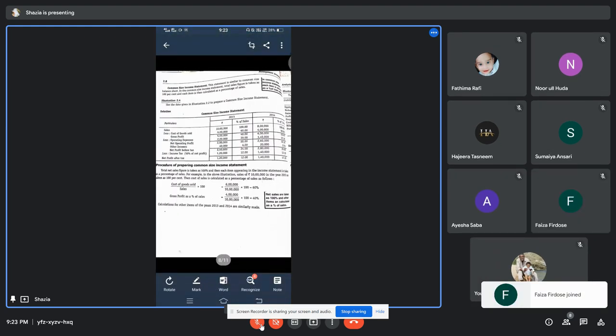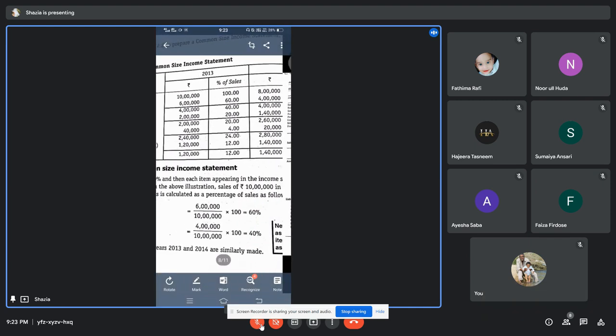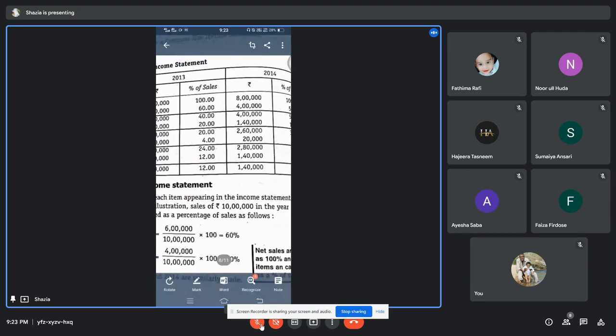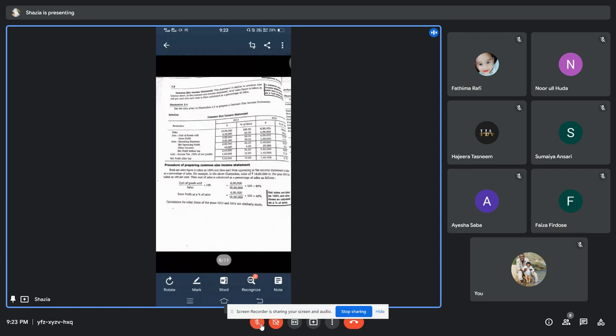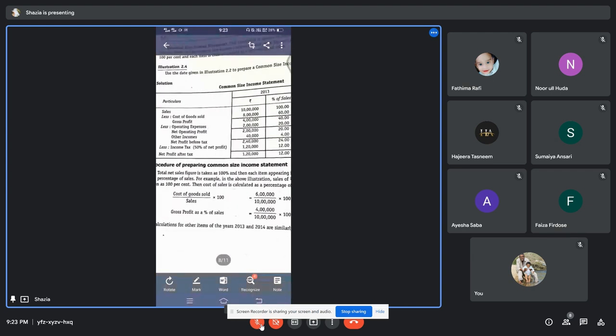Then comes other incomes. Same thing, take the amount divided with 10 lakh into 100, you get 4%. Then 20,000 you have here divided with 8 lakh into 100 is 2.50. Then after taking the net profit and other incomes, you need to add them because you've got positive answers here.